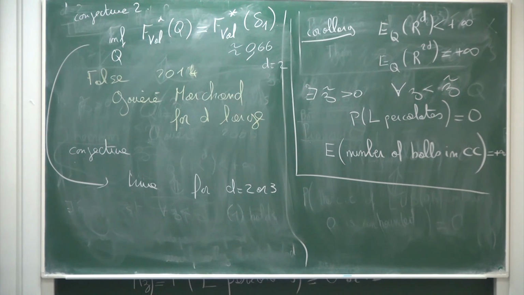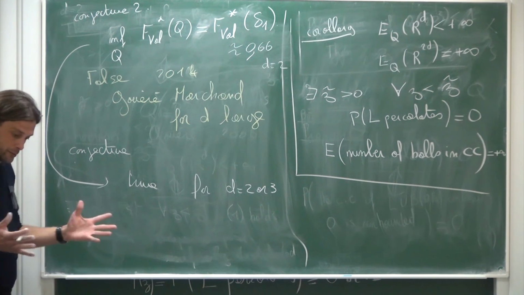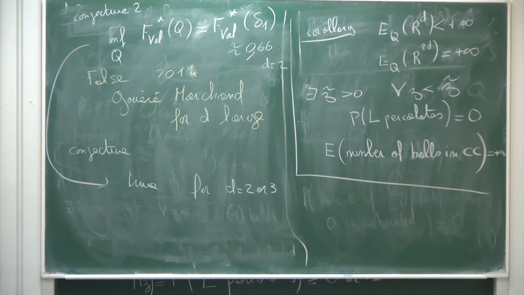And it's quite important because in material science, or in general, it's important to know which kind of law you have to put on your balls or radius to ensure easily the percolation. So it's an important result in applied science, and also theoretical.